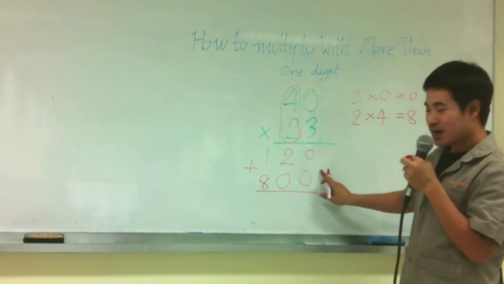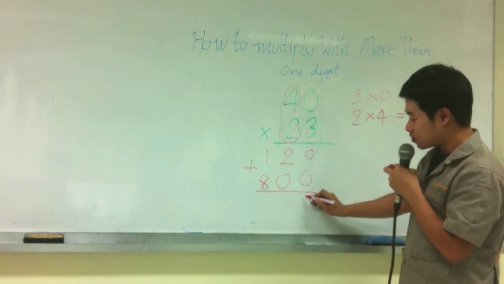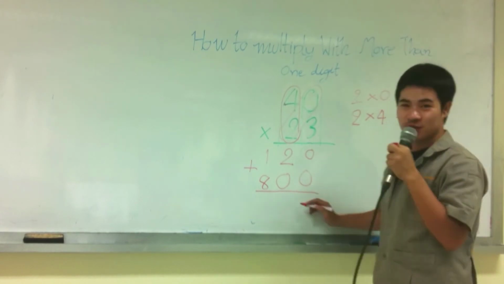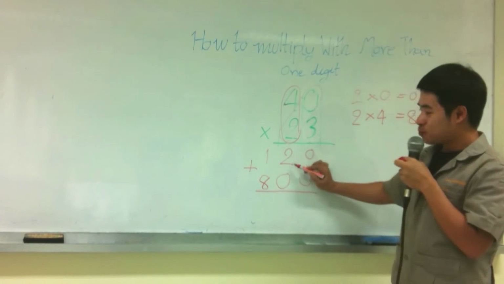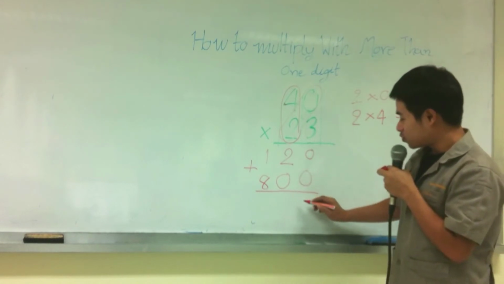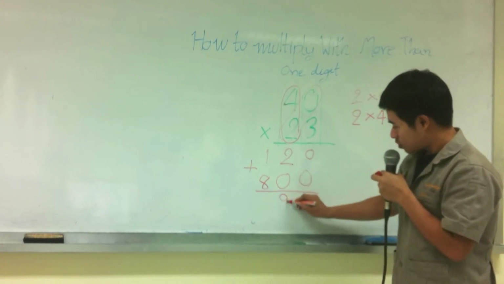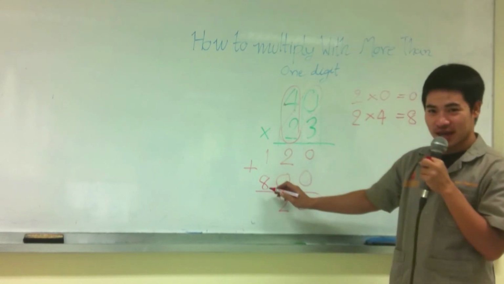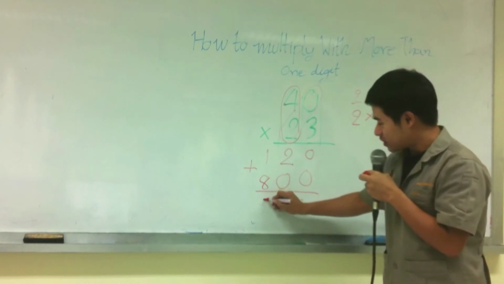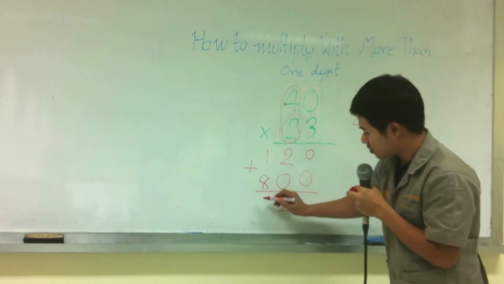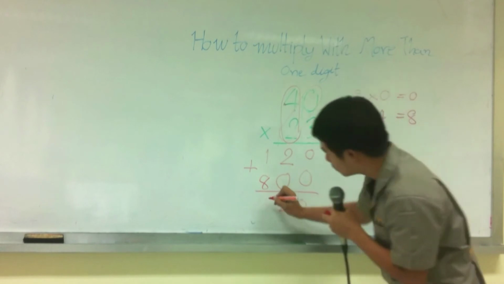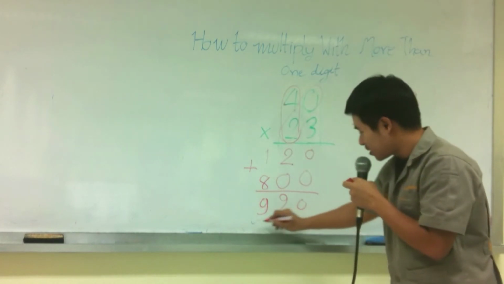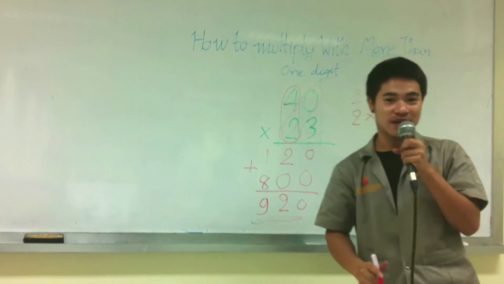So 0 plus 0 equals 0. 2 plus 0 equals 2. And 1 plus 8 equals 9. Okay, this answer is correct.